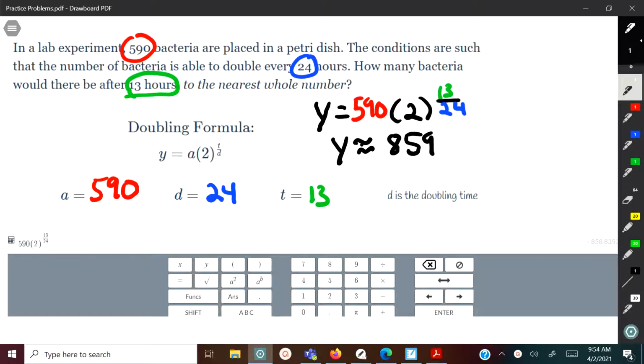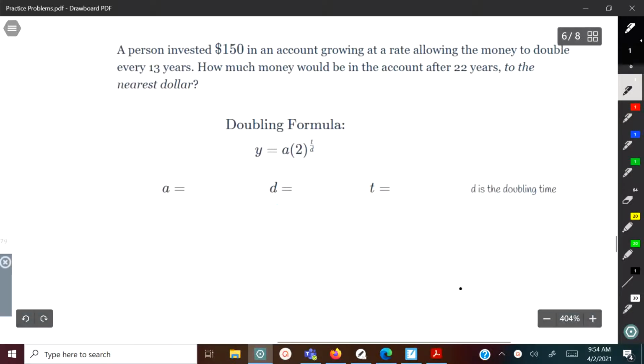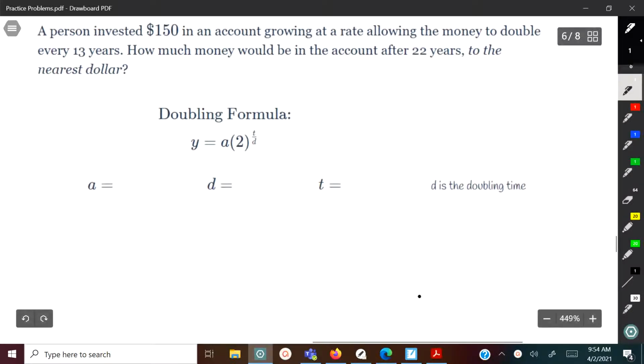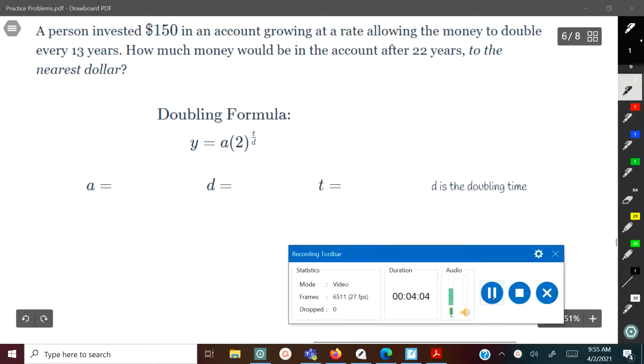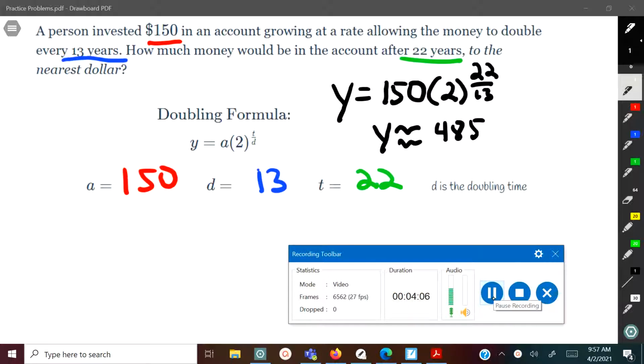Alright, you can go ahead and pause the video on this one here and see if you can solve this one on your own. Alright, this should be what you get. You should get y is close to 485.